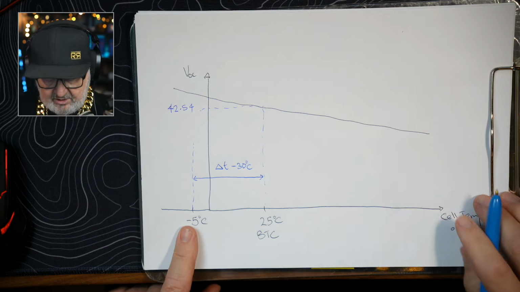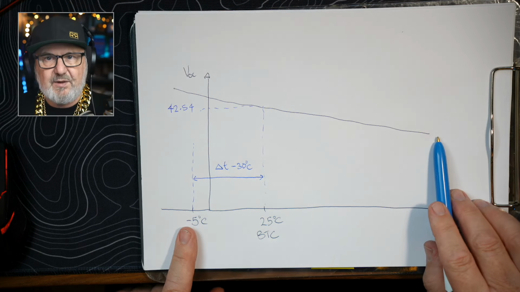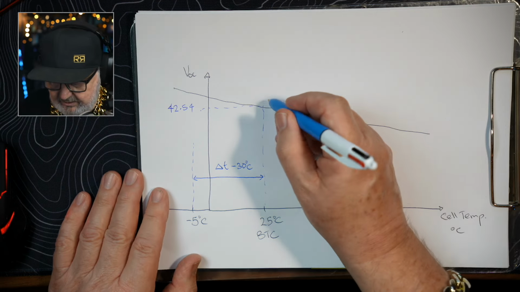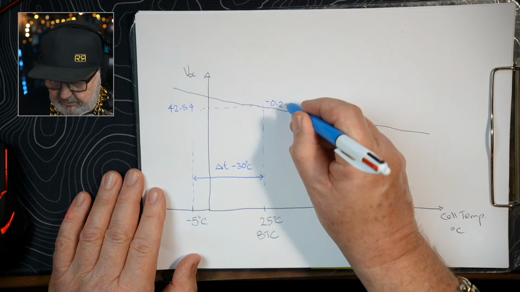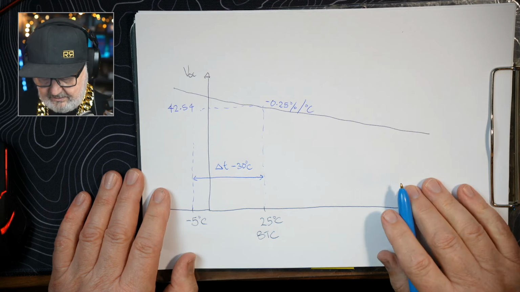Now we need to know what the slope of this coefficient is here, and it gives it in the data sheet as minus 0.25% per degree Celsius. So I'll write on there minus 0.25% per degree Celsius.